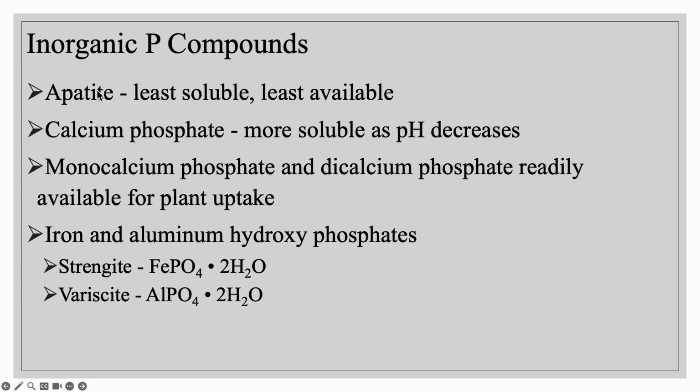All right, so we have our different inorganic phosphorus compounds. We have apatite, and apatite is kind of like the base phosphorus molecule or mineral that we use in order to make these calcium phosphates, or MAP or DAP or whichever. So we do have some of these compounds that are minerals in the soil, and as the pH decreases, this calcium phosphate is going to become more available.